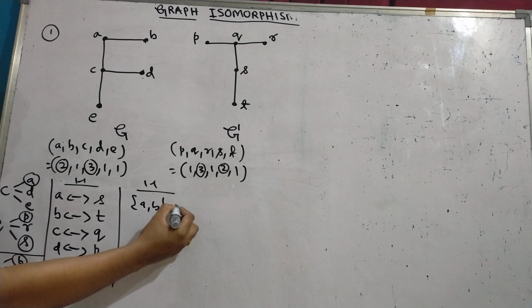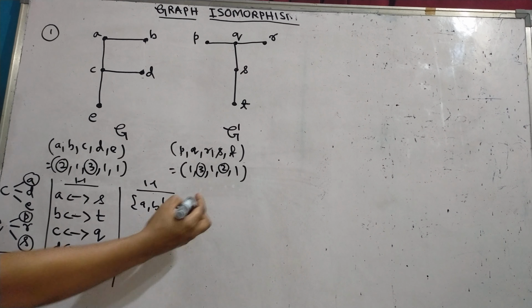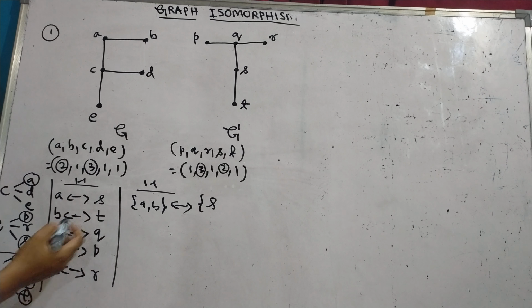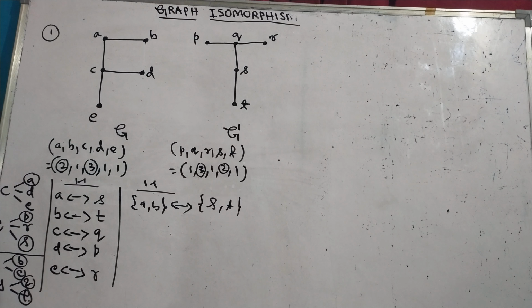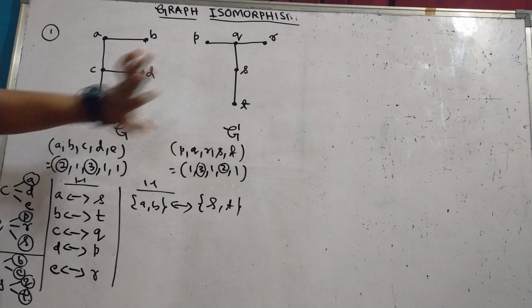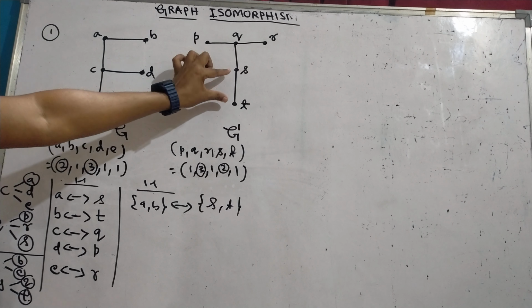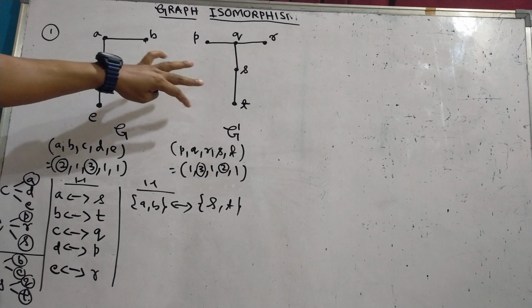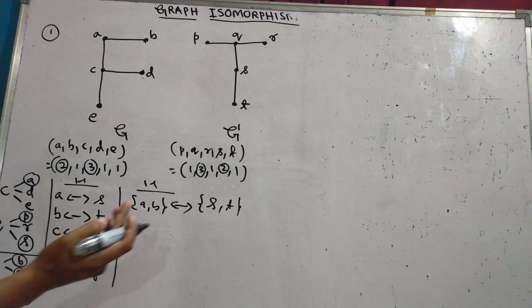A maps to S, and B maps to T. Do we have an edge between S and T? Yes, we have. So the edge is preserved, and these two edges are in one-one correspondence.